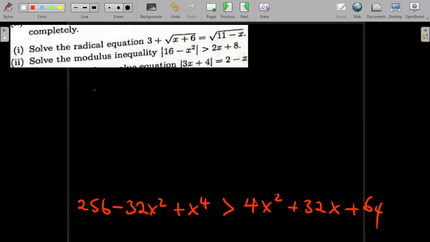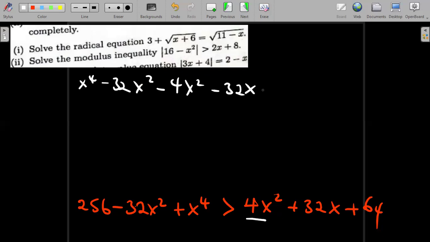So we're going to have x to the power 4, then negative 32x squared. Then I can bring this to the other side and I get negative 4x squared. Then minus 32x.